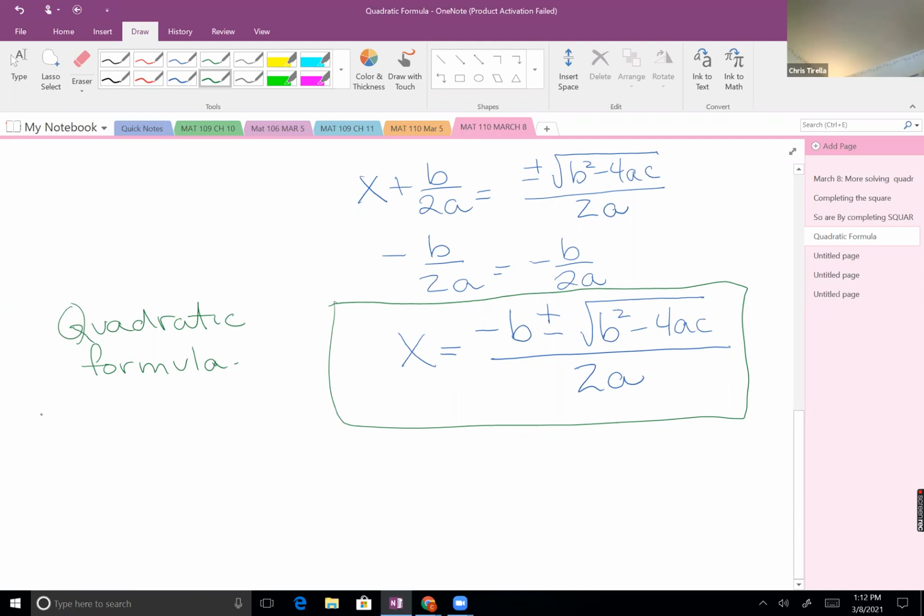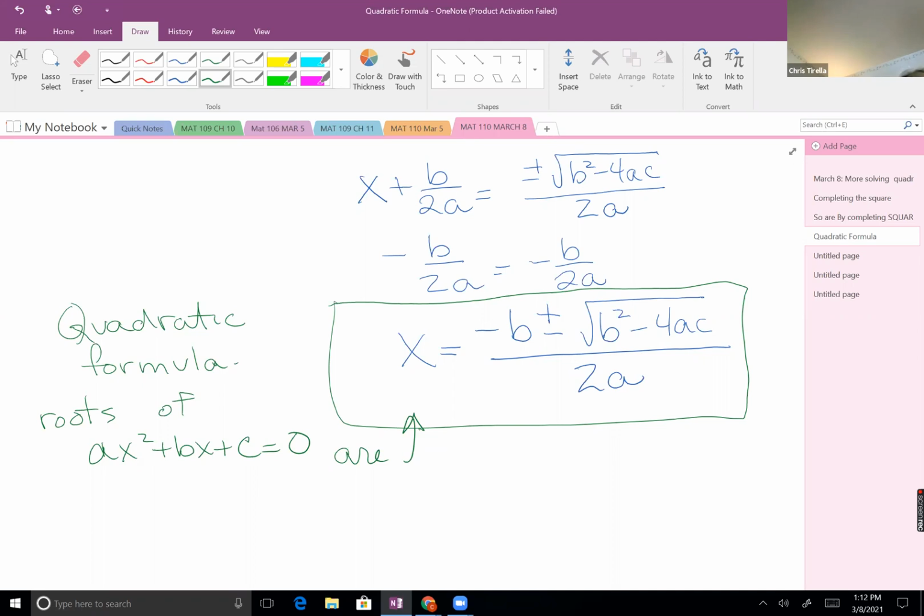And it tells us that the roots or the solutions of ax squared plus bx plus c equals 0 are x equals negative b plus the root of b squared minus 4ac all over 2a, and x equals negative b minus the root of b squared minus 4ac all over 2a. And it gives us our two roots. You have to know that. You have to remember it.